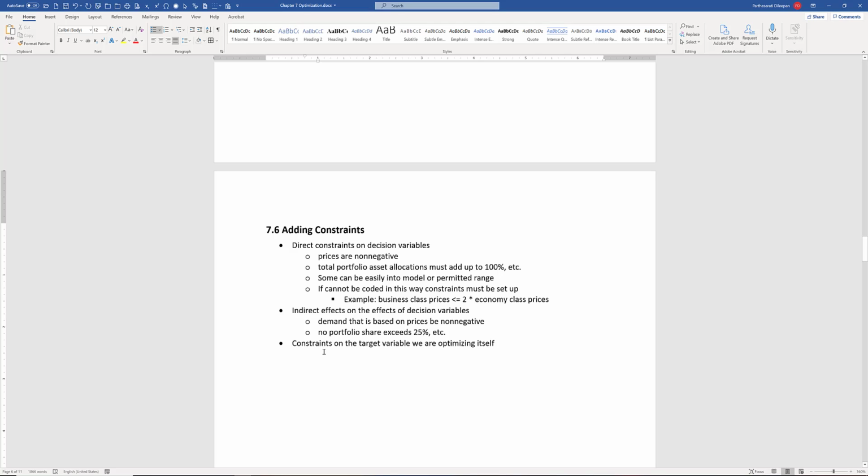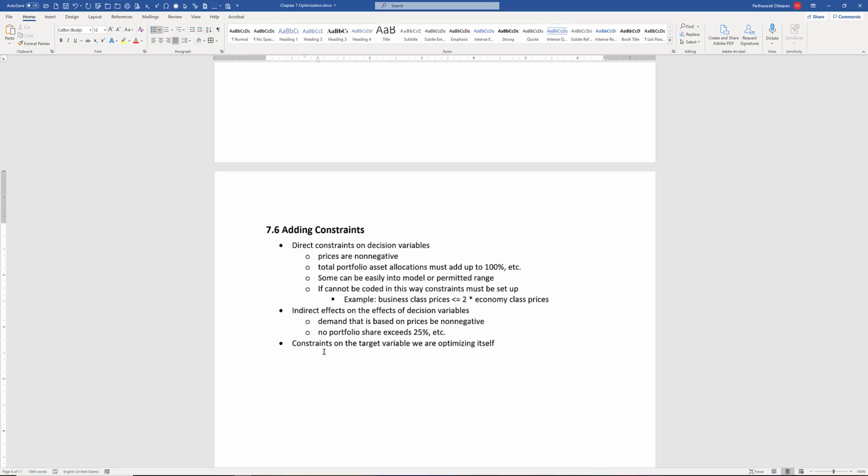Now we can also have constraints on the target variable that we are optimizing. For example, if you have a target value for revenue, you want revenue of at least $15,000 at a particular percentile. Like mean and standard deviation, you can have the fifth percentile.